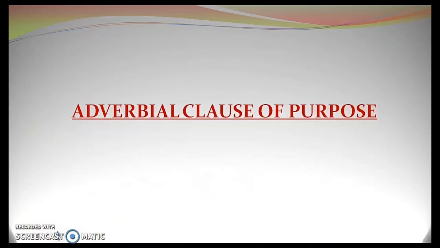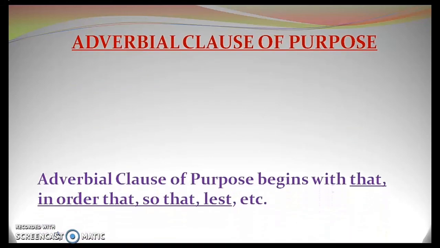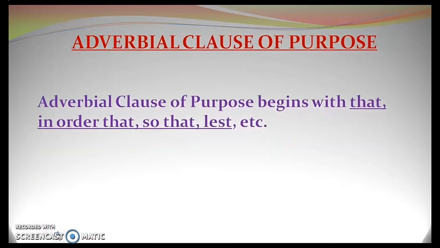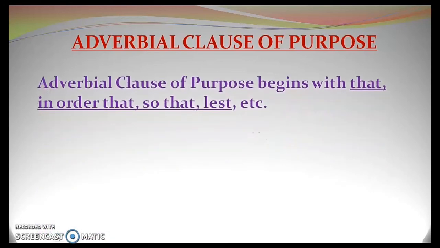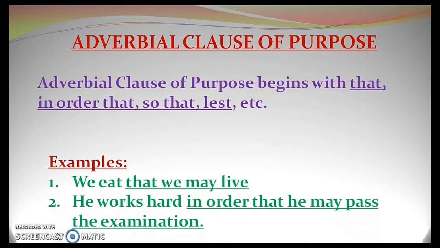Adverbial clause of purpose begins with that, in order that, so that, lest, etc. Examples: We eat that we may live. Another example: He works hard in order that he may pass the examination.